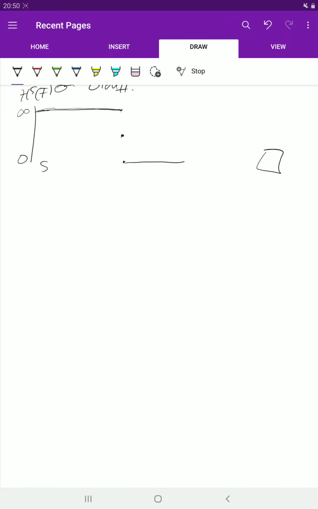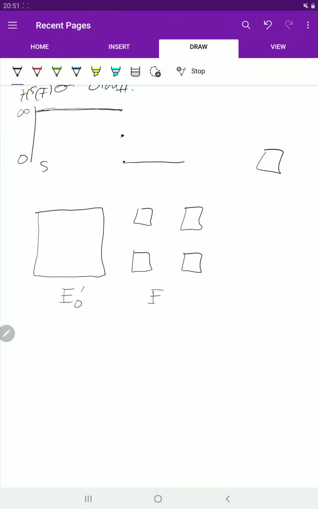So what we do, we've seen in the video about the upper bound that we can construct the product of these two Cantor sets as the intersection of these, let's call these E0 prime. Then we have E1 prime, so these should all have lengths 1/3, 1/3, and so on.